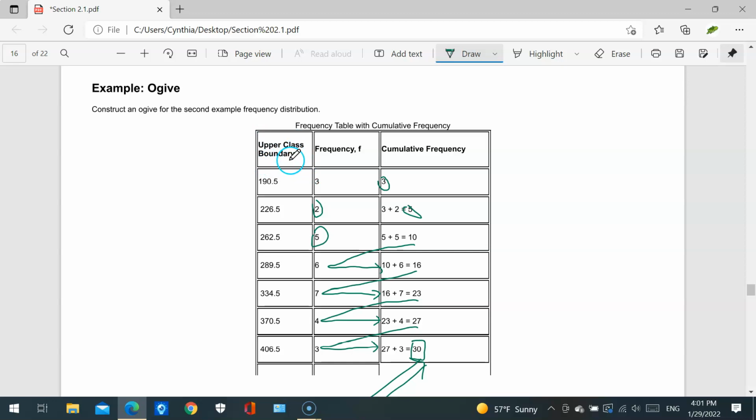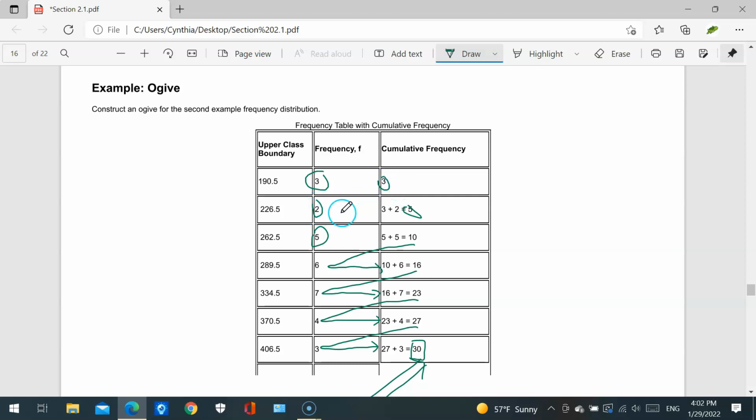So the first column represents the upper class boundary. The upper class boundaries, getting from our previous data, are all the upper boundaries. We have the frequency. In order to construct the Ogive, we need to find the cumulative frequency. So the cumulative frequency, we take the 3 because that's the first class frequency, right?